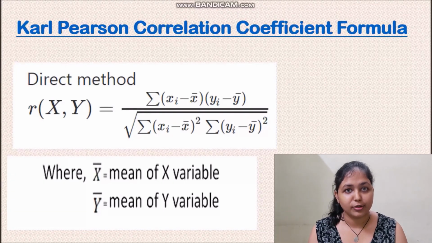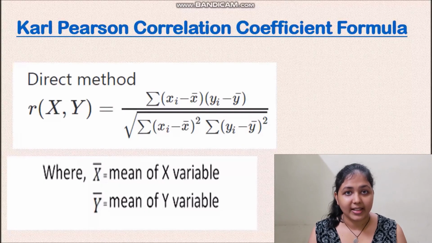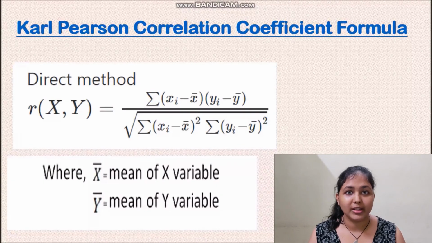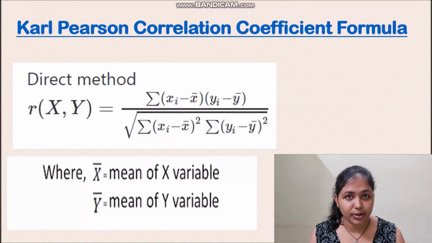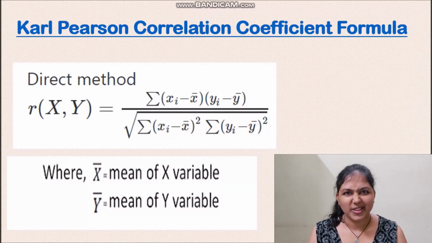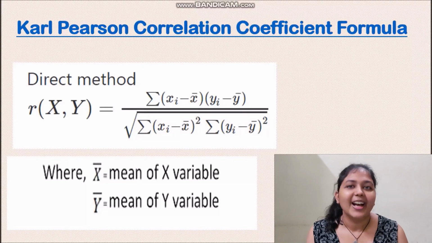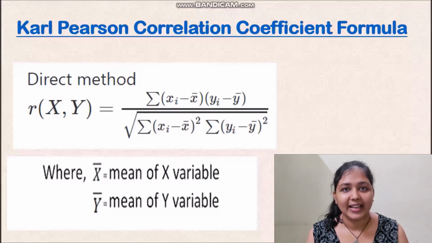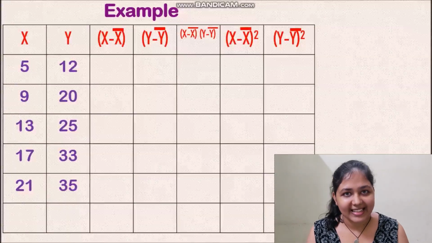Next, you can see summation (x minus x bar), and then in the second bracket it's (y minus y bar). Then below that it is divided by the root of summation (x minus x bar) whole square and (y minus y bar) whole square. I know it's looking a bit tough, right? But let's solve it and understand it better by seeing an example.